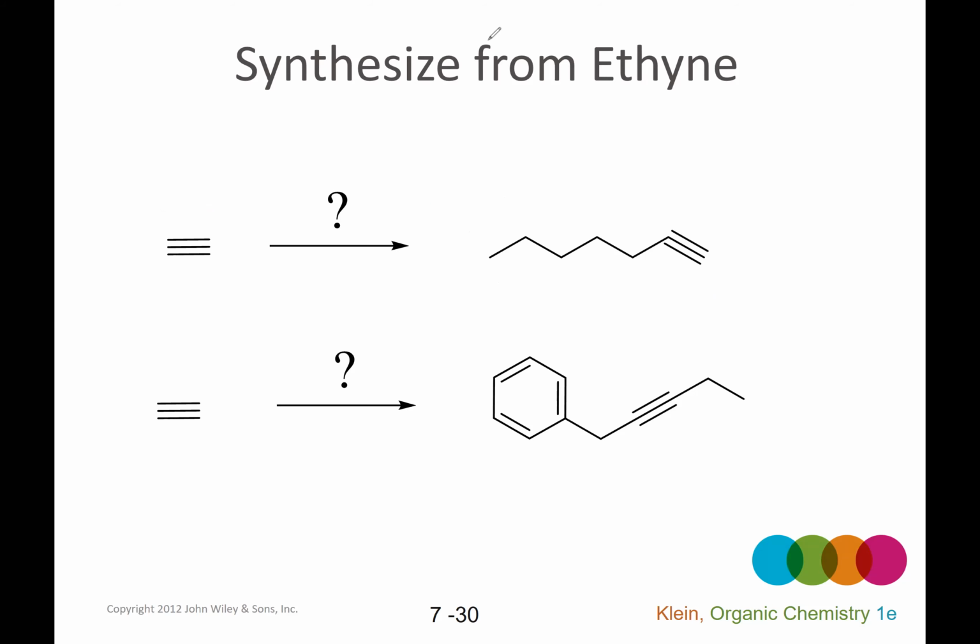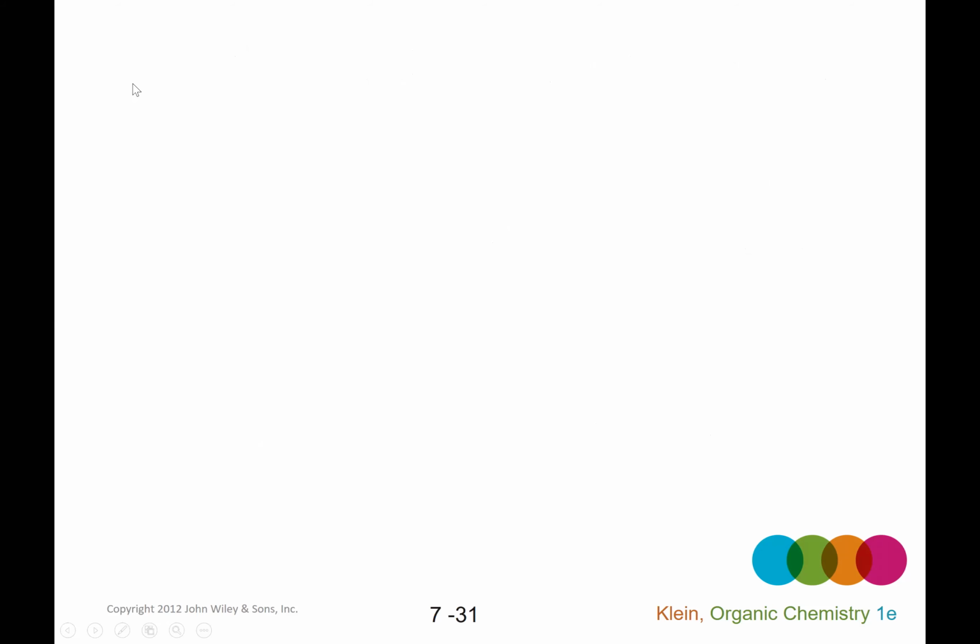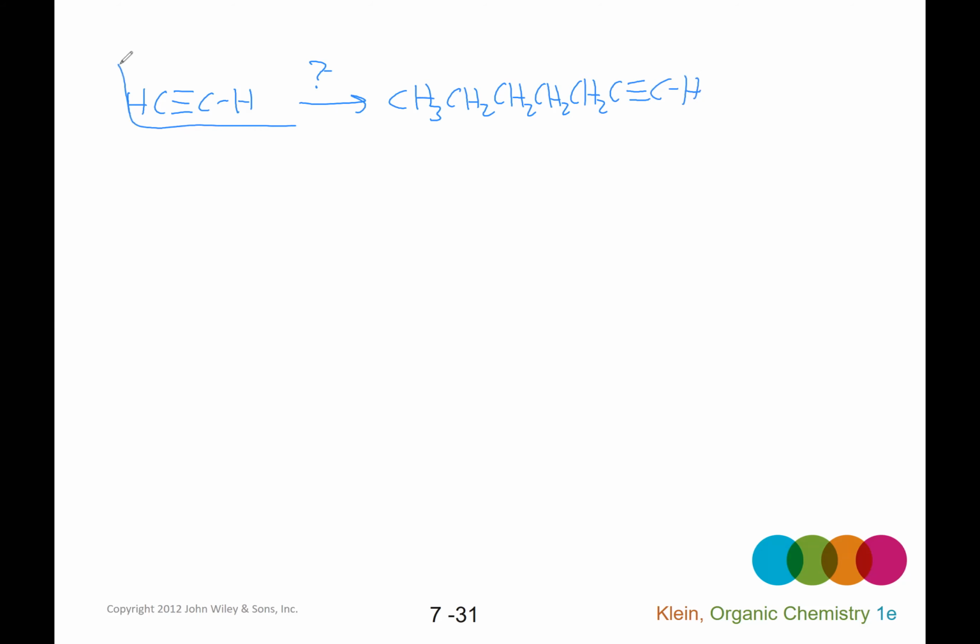All right. So here we go. We're starting with acetylene. And we want to make 1-heptyne. So it's 1, 2, 3, 4, 5, 6, 7. That's the synthesis we have.